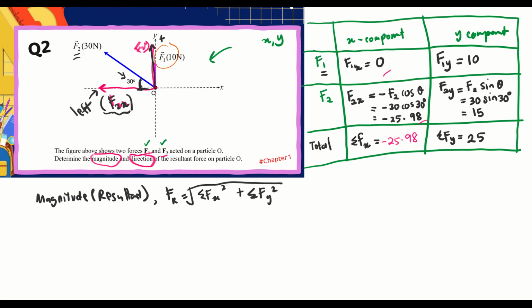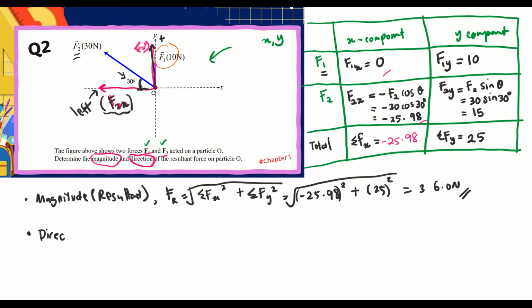Substitute the values, negative 25.98 squared plus 25 squared. At the end, you are going to get 36.05. Actually, you have to proceed your calculation down here, but because I have limited space on my screen, I write it down in a row.